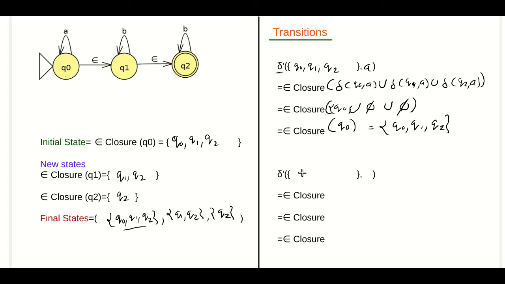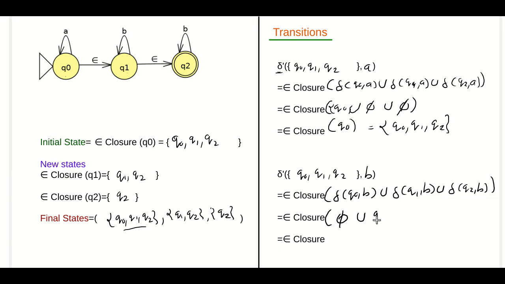Now we find out where it will go on reading the symbol B. It will be the epsilon closure of delta of Q0 B union delta of Q1 B union delta of Q2 B. For Q0 on B there is no transition defined, so it is phi, union Q1 on B, we remain in the state Q1 itself, union Q2 on B, we remain in the state Q2 itself.